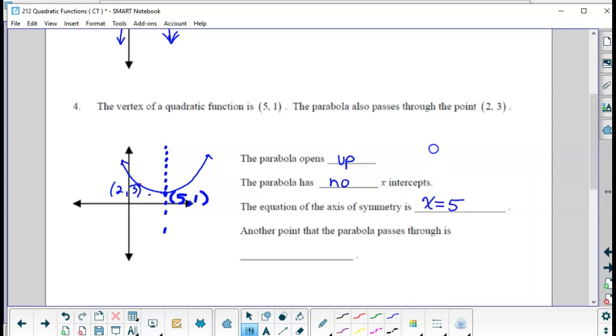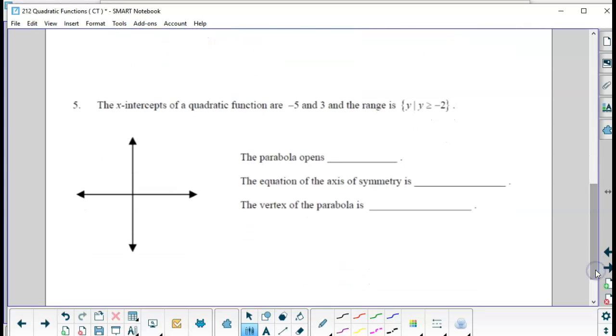So symmetry, that means this distance is the same as this distance. So from an x value of 2 to an x value of 5, that's 3 units. So this has to be 3. So this point, 5 plus 3 is 8, with the same y values. So that's 8, 3.